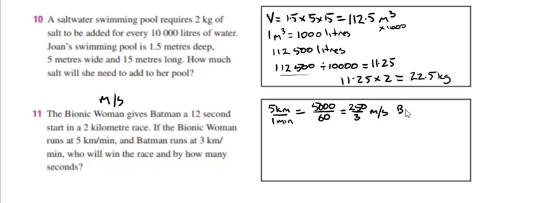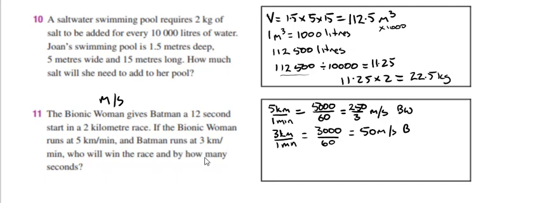That's for the Bionic Woman. Now, Batman is 3 kilometers for every 1 minute. So that's 3,000 meters over 60, which will easily give us 50 meters per second. So that's the Batman.